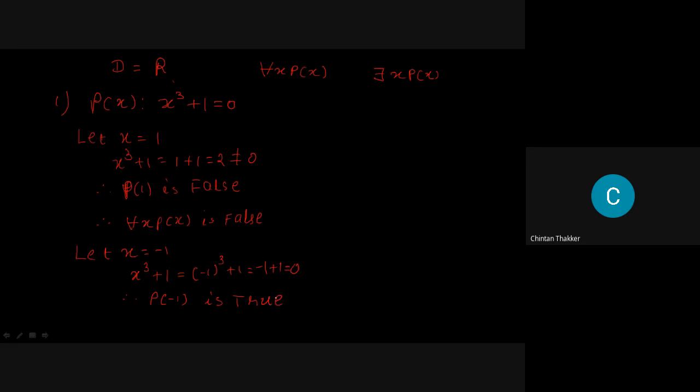We got one value of x for which p(x) is true. So therefore there exists x p(x) is true.